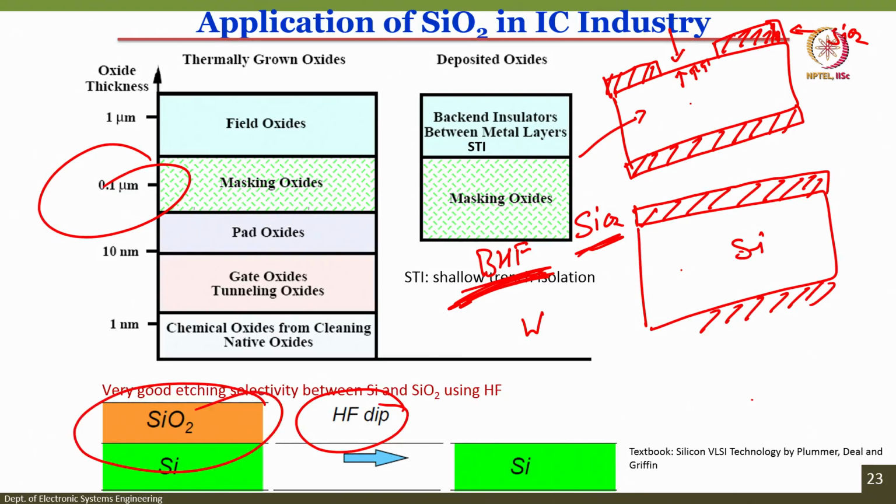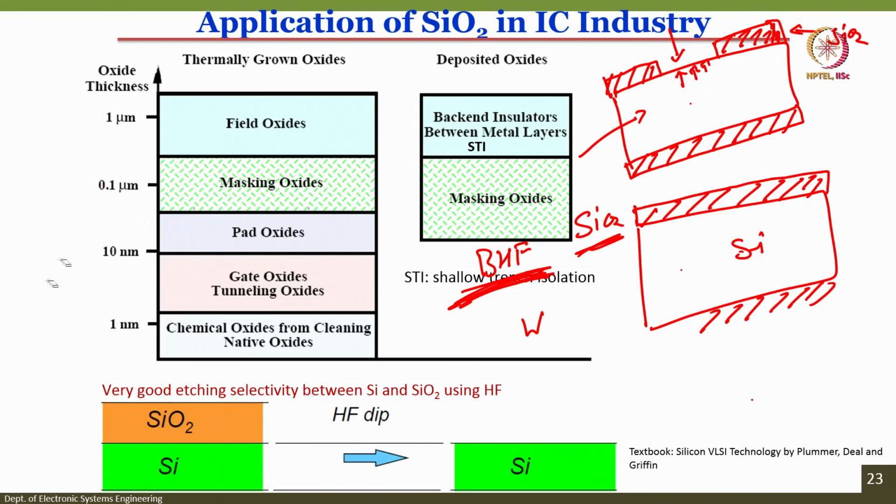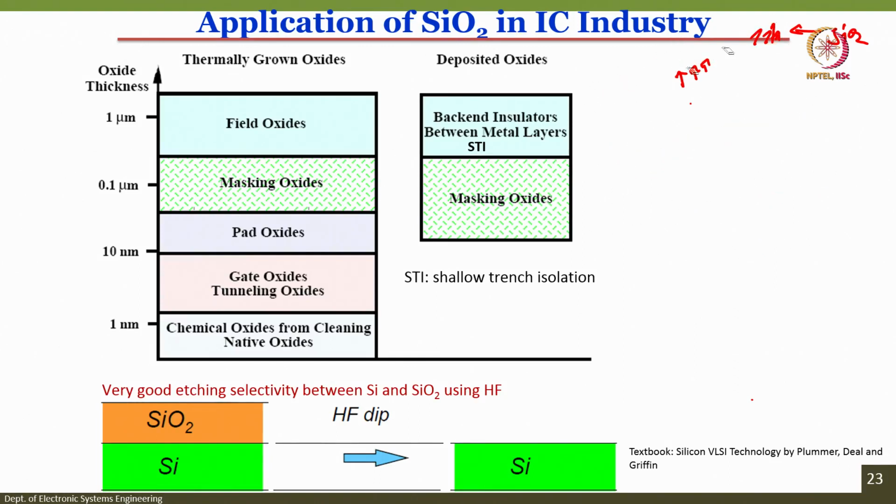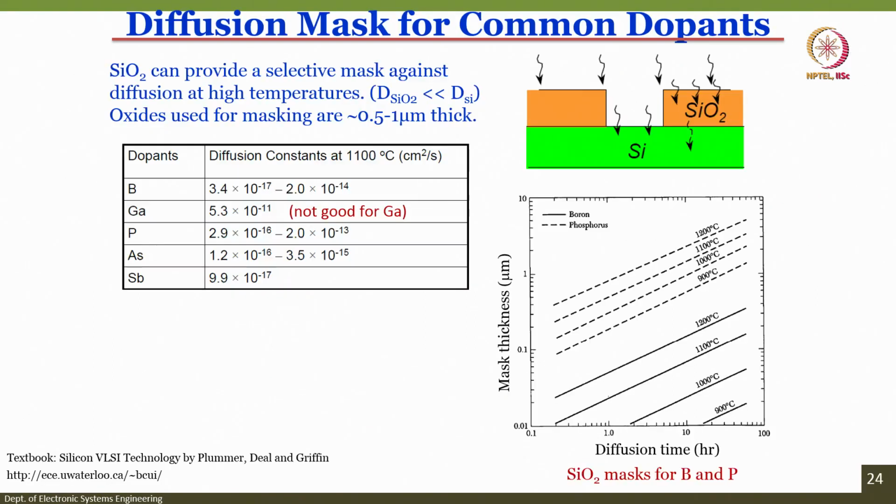So there is very good etching selectivity between Si and SiO2 using HF. HF will not affect the silicon. And in TMAH or KOH, the silicon dioxide etching rate is very low compared to silicon, and thus silicon dioxide can work as a masking oxide.